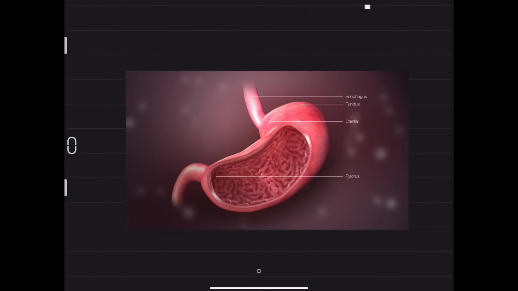And also we have chemicals that are secreted, such as enzymes, onto the food to help break it down. Now, the digestive system produces many enzymes, with the aim of speeding up the breakdown of the food that we eat.